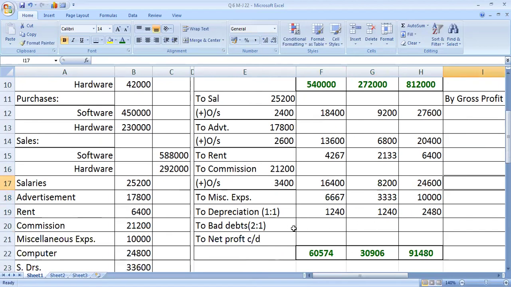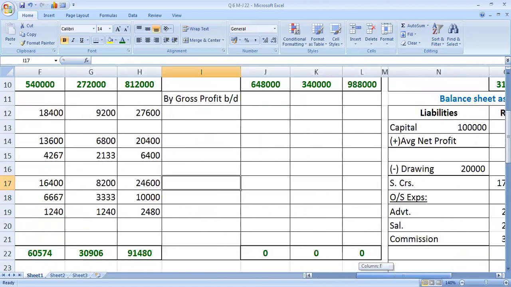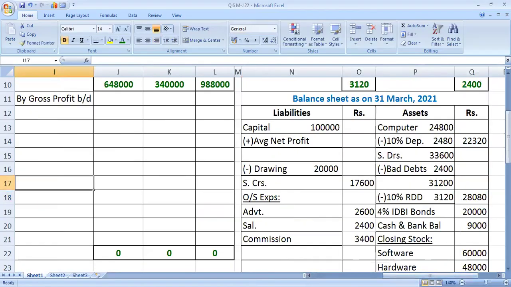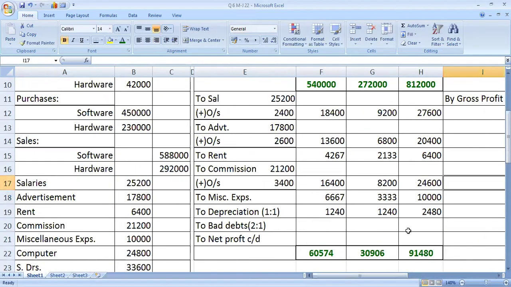Bad debts also the same. Bad debts calculated here 2,400, distributed in the ratio 2 is to 3, sorry, 2 is to 1. 1,600, and 2,400 minus 1,600 equal to 800.